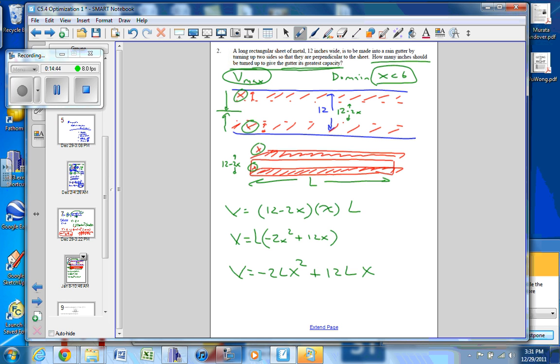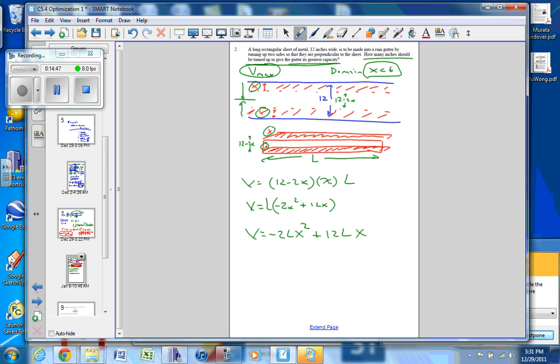Okay, so I want to know how many inches should be cut away, so I'm looking for when my derivative equals 0. So let's find the derivative. The derivative is going to be, dropping the 2 down in front and remembering that L is just a constant, negative 4Lx plus 12L. And I want to know when this equals 0. So let's factor a little bit.